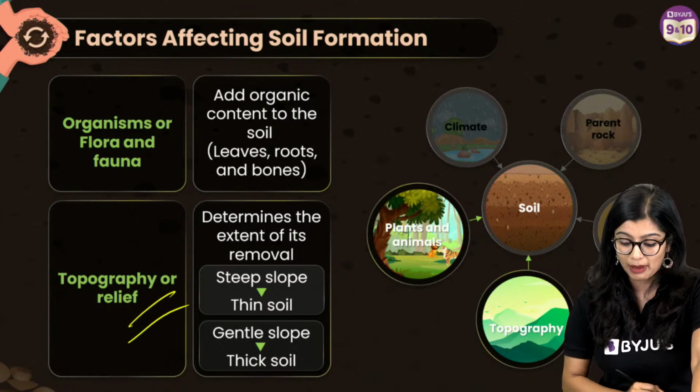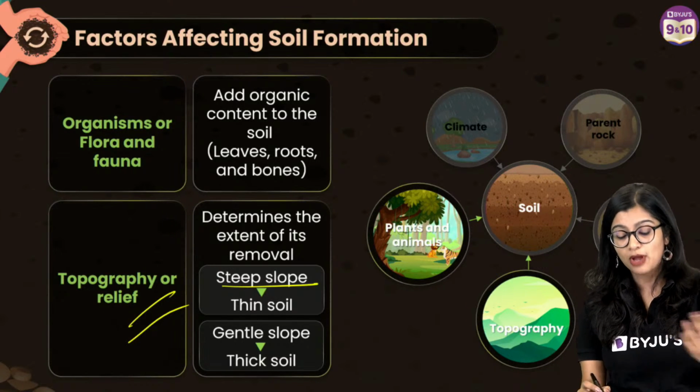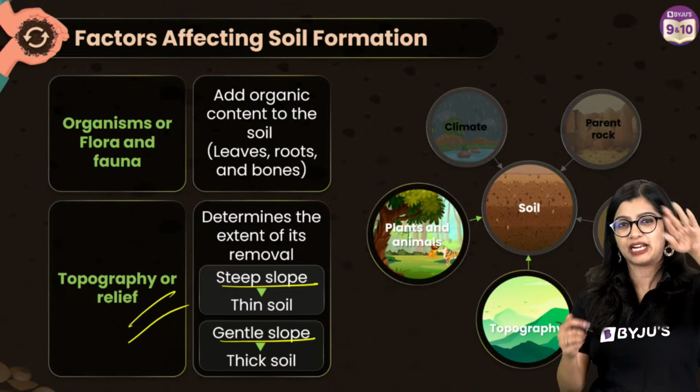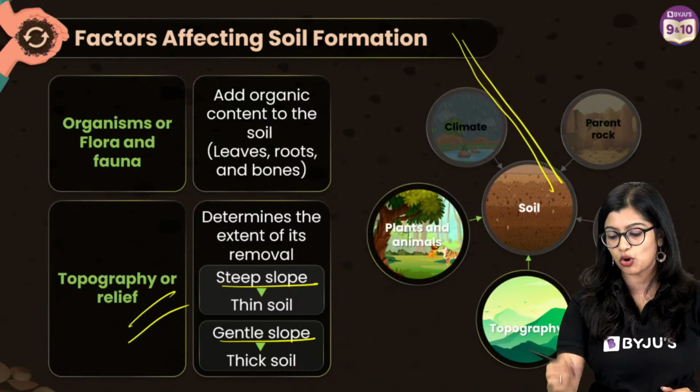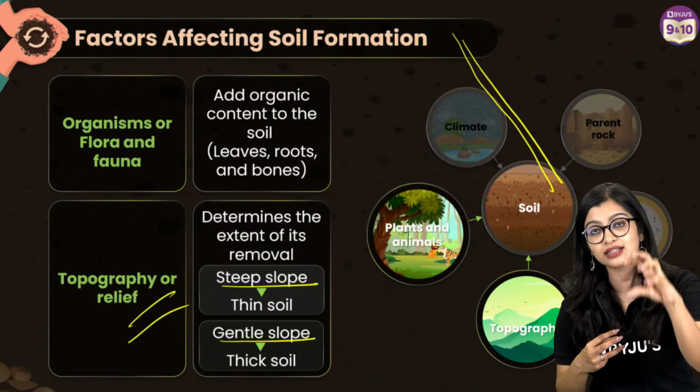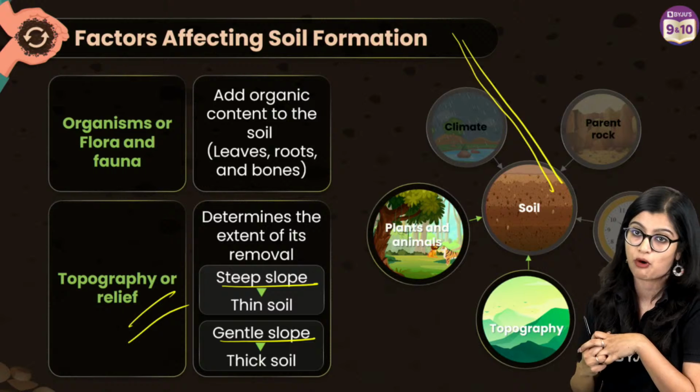Then, if this rock is present either on a steep slope or a gentle slope, that means basically how the slope is, imagine there's a rock and a steep slope like this, then the slope also contributes to the type of soil that is formed.